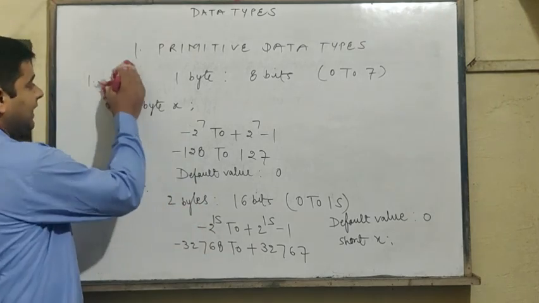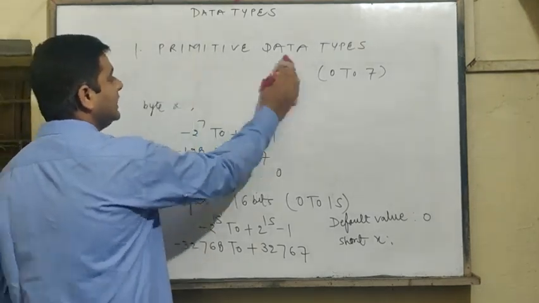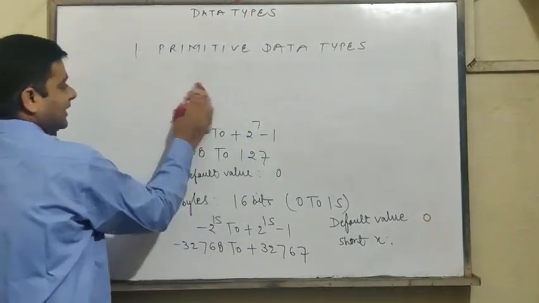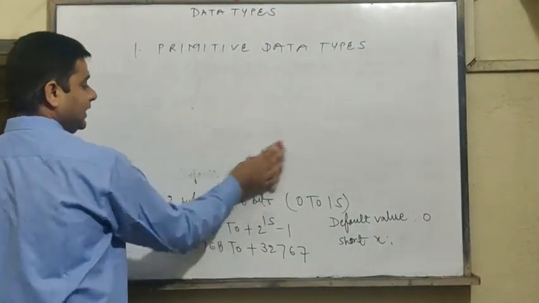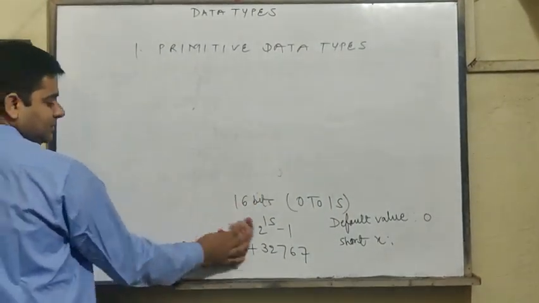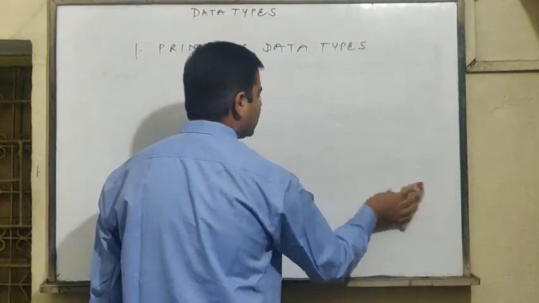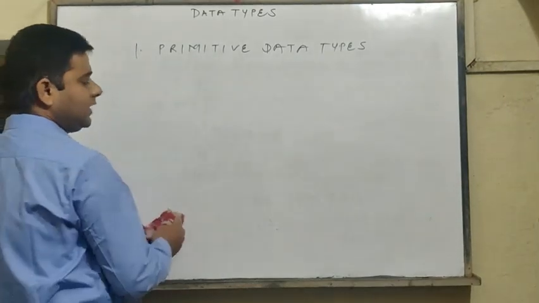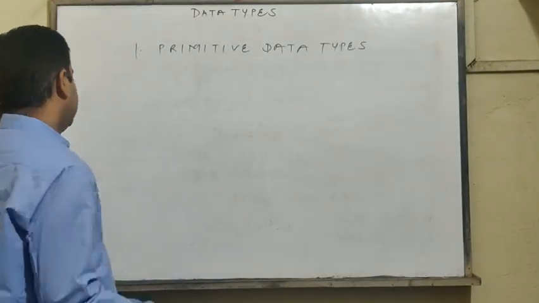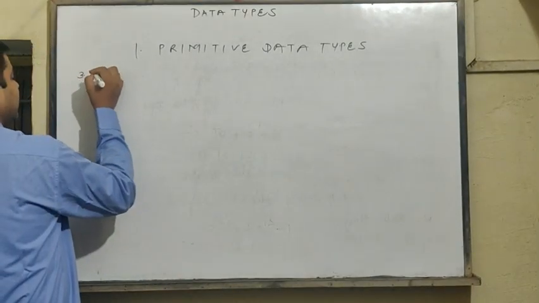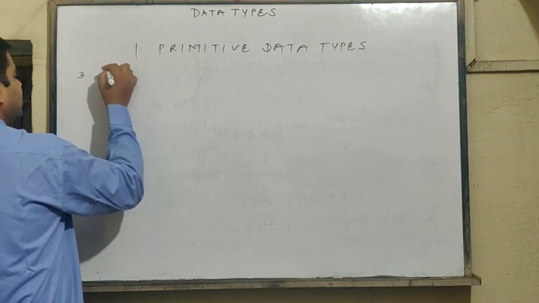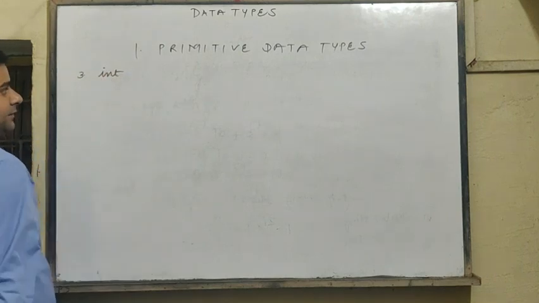In that particular case, you will have to use integer data type. Integer data type is a data type which can store the values in crores also. See how. The third data type is your integer data type. Its first letter is small, keep it in mind.